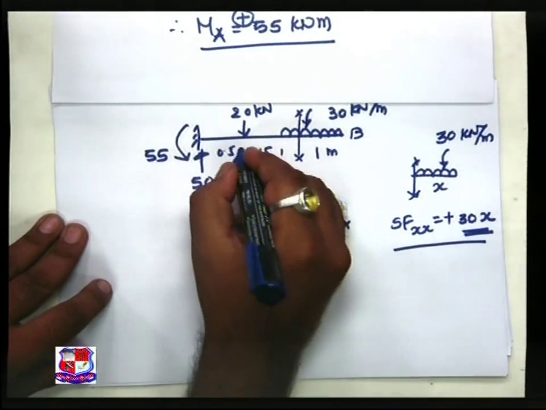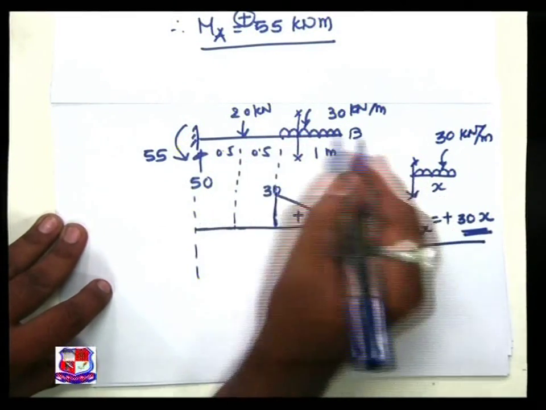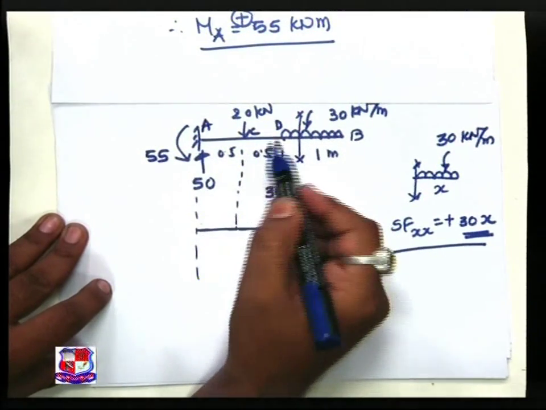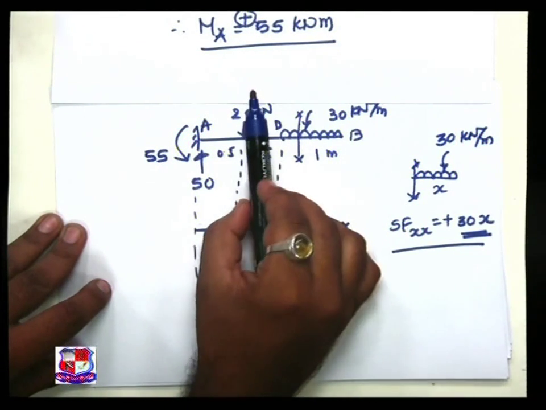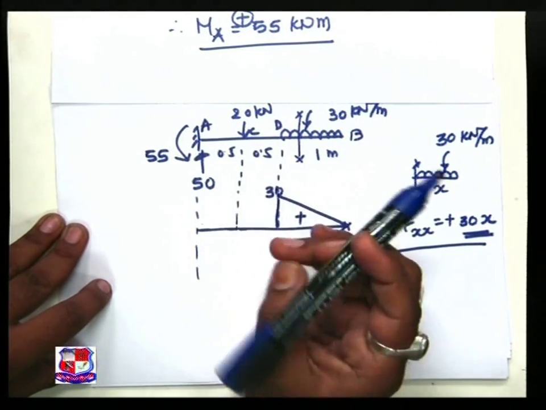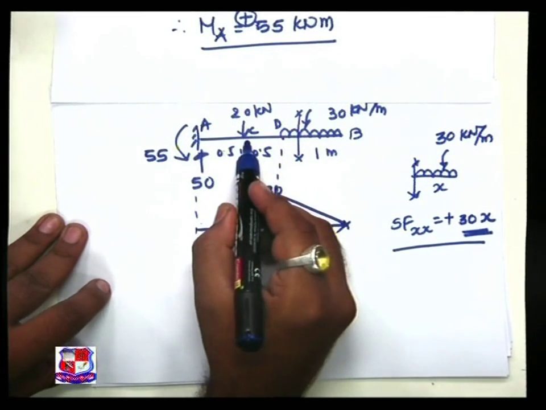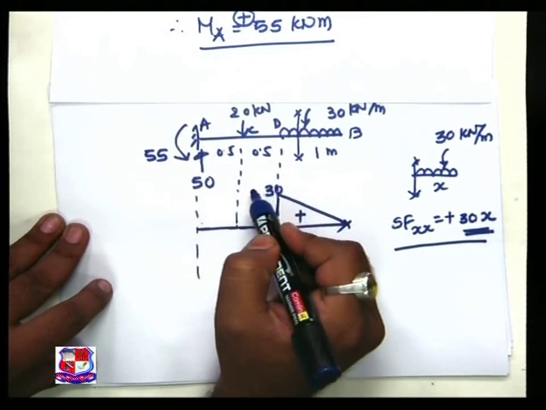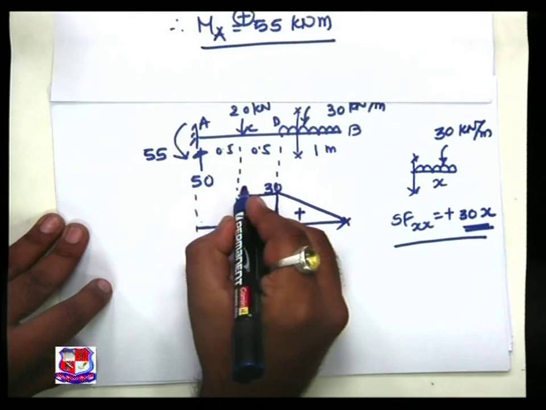Now, if we name the points A, B, C and D, between C and D not a single load is acting. So if we take a section over here, the value of shear force remains unchanged, whatever the value at D, the same value remains between C and D. Between two loads, if there is no load, the variation of shear force is given by a horizontal straight line. This remains 30.